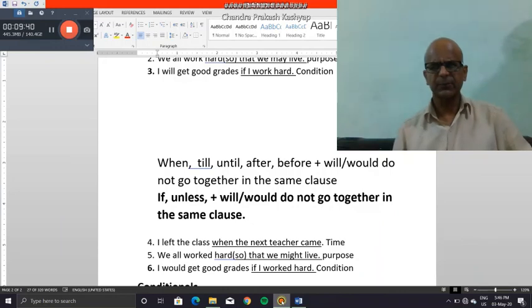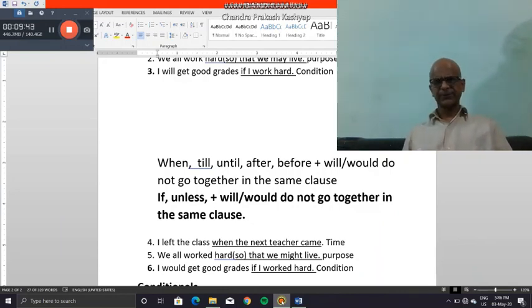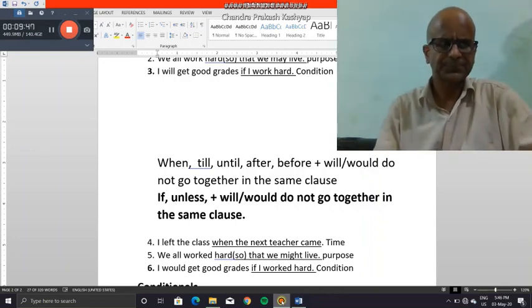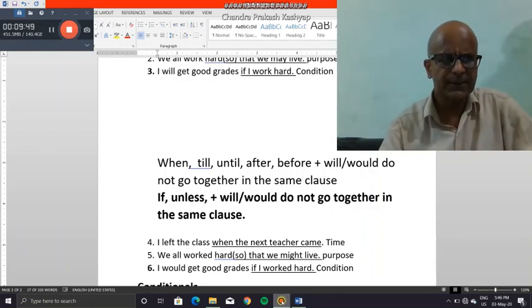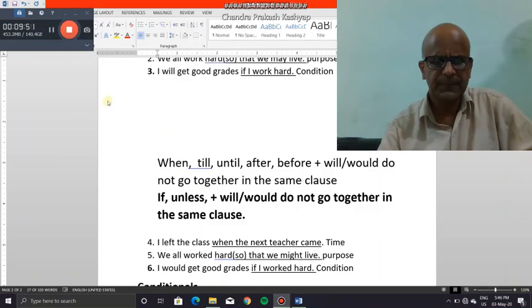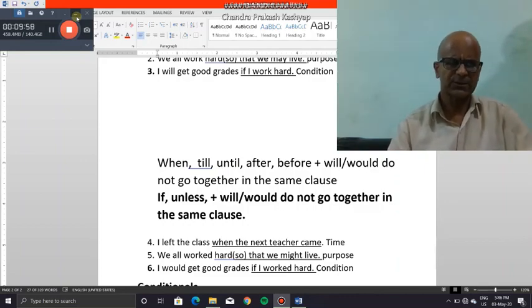Same applies with other subordinating conjunctions which state condition and other subordinating conjunctions which state time. So these constructions, if you use will and would in the same clauses, they will be incorrect.